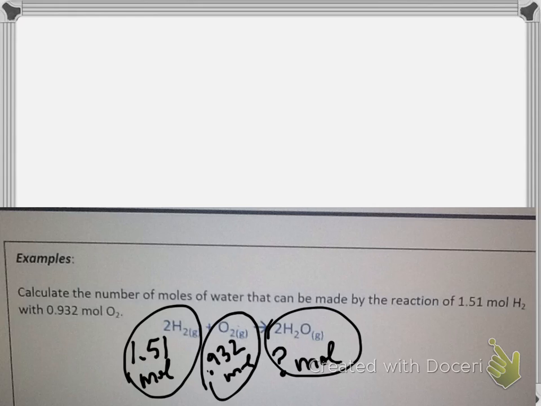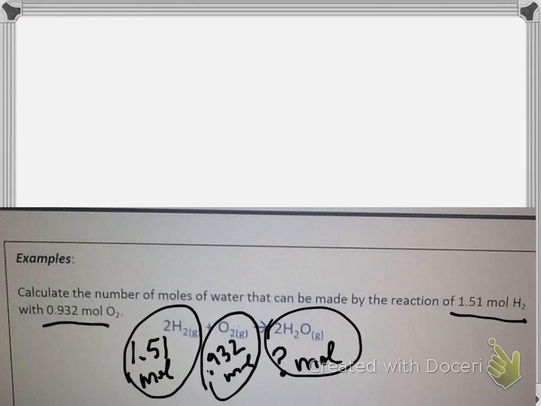Alright, so how do I know this is a limiting reagent problem? That's going to be the hardest part for you, figuring out how to solve the problem. It's not really that hard, I promise. You see how we're given 2 knowns? We're given 1.51 moles of hydrogen and we're given 0.932 moles of oxygen. Those are both reagents.